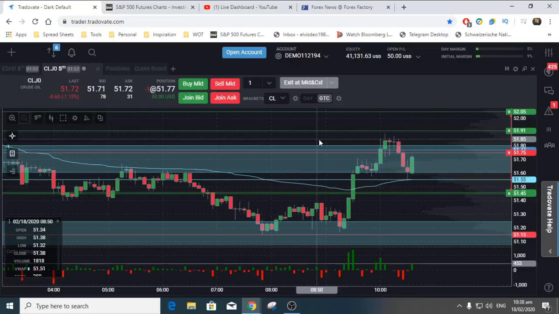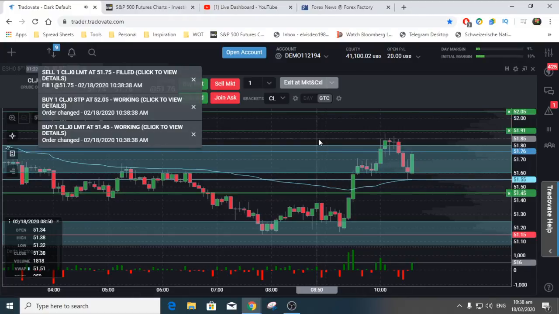That will be the full risk trade. I want to have an asymmetrical side on that. Order filled.